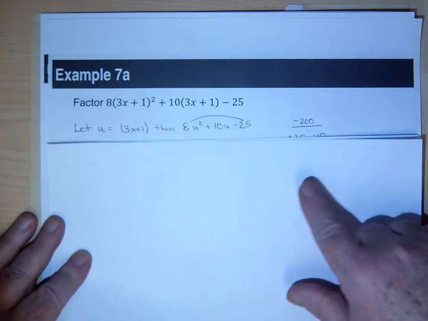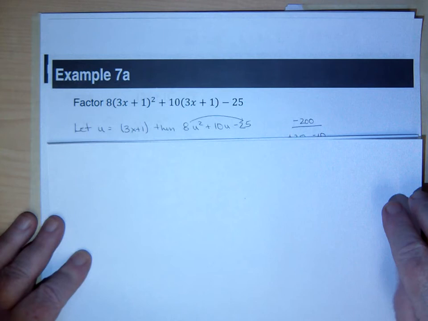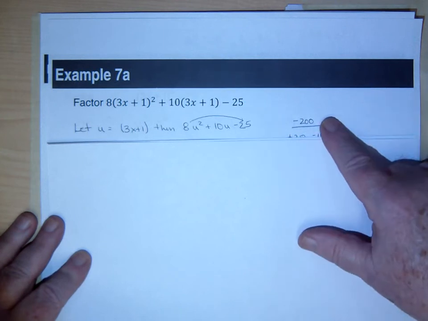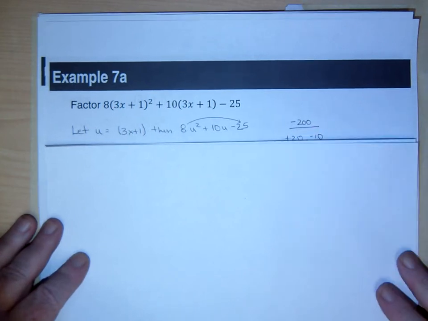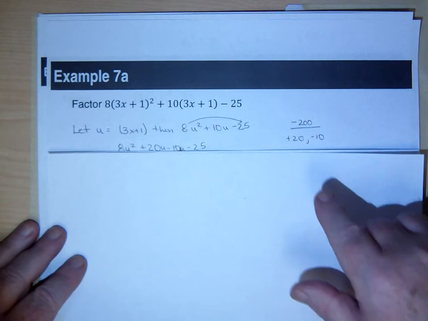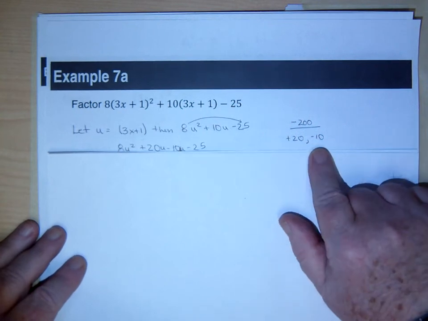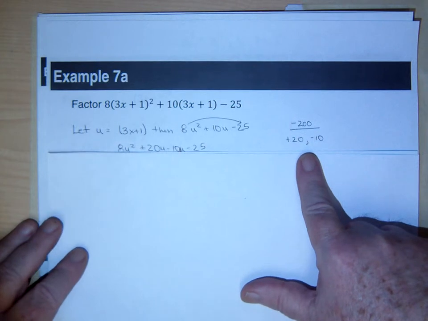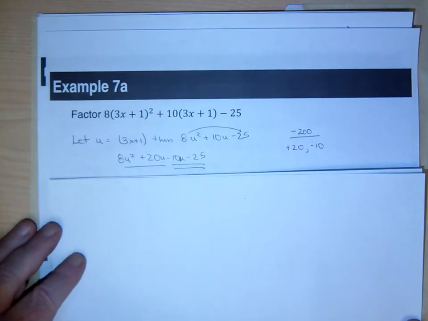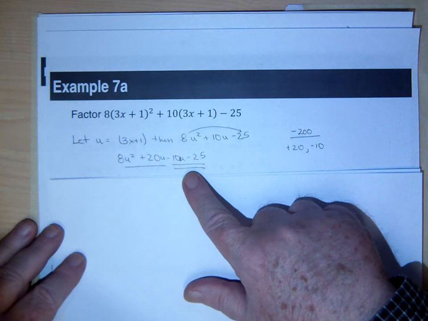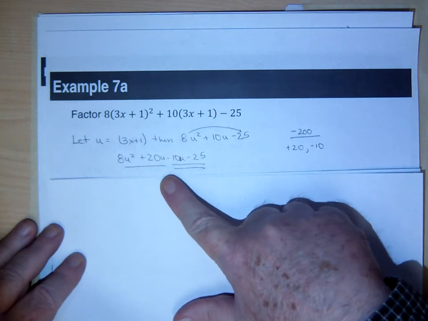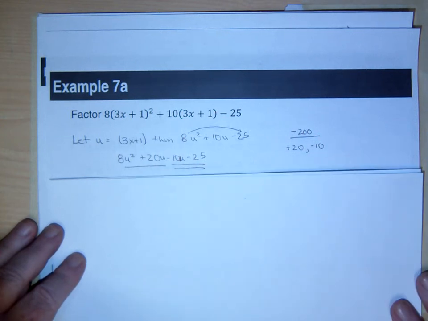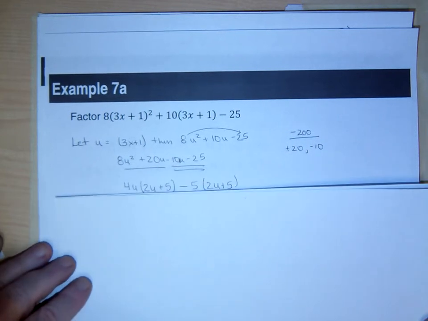If I take the product of 8 times minus 25, I get minus 200. And I'm seeking two numbers that multiply together to give minus 200 and add to plus 10. Plus 20 and minus 10 do the trick. I change the trinomial into a four-nomial, breaking up the middle term in the following way. I'll factor a 4u out of the first pair.